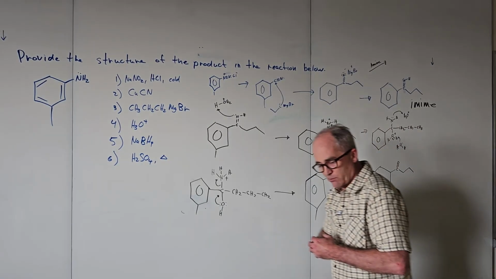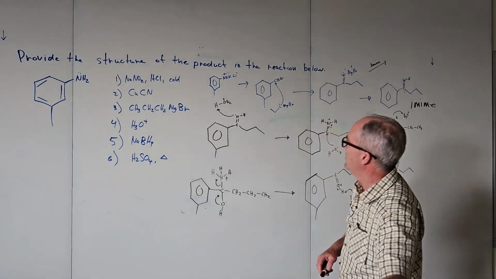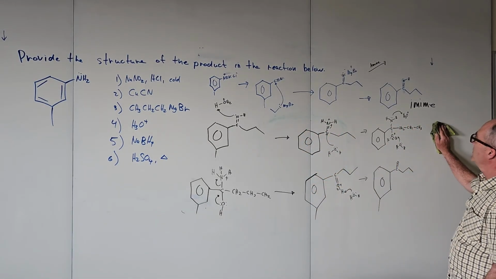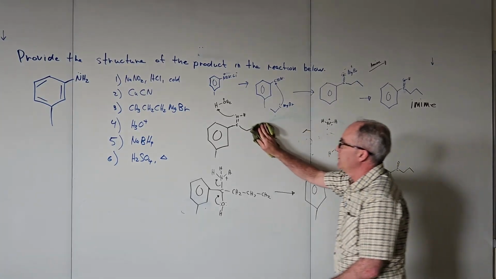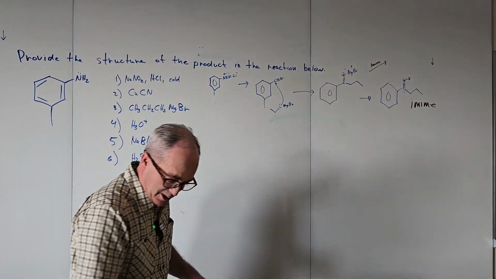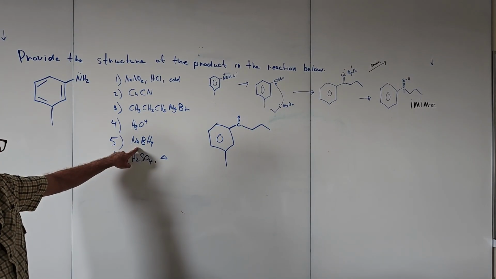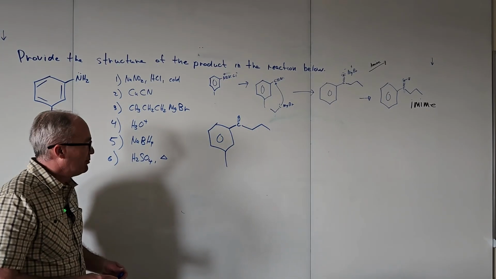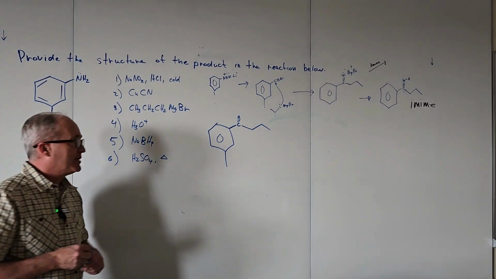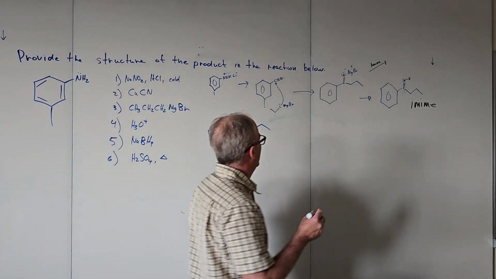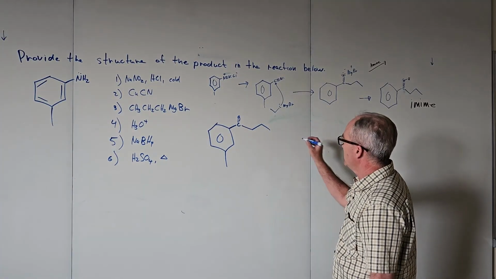So it's kind of an equilibrium hydrolysis thing going on there. All right, so now that we've gone that far, let's get rid of the mechanism. So now what is sodium borohydride gonna do for us? Sodium borohydride reduces ketones into secondary alcohols.